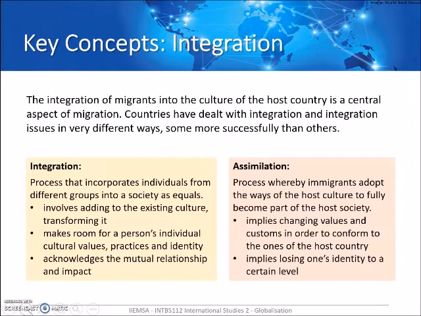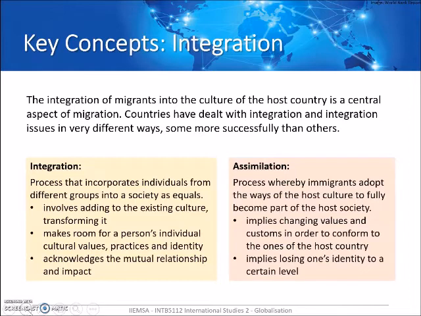So when we talk about integration, usually it's a process that involves both sides, right? It involves the migrants that come into the country, but it also involves the population of the host country, that also makes space or room for foreigners to come in and to adapt to a certain degree, but to also be able to keep some of their own cultural values.